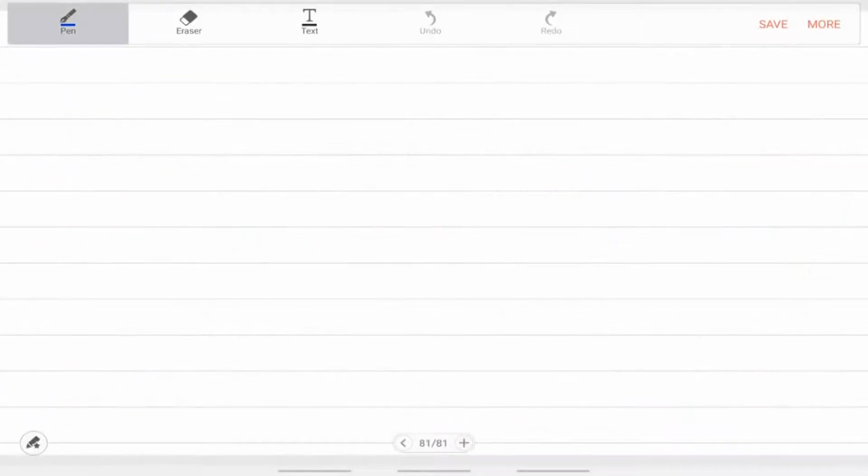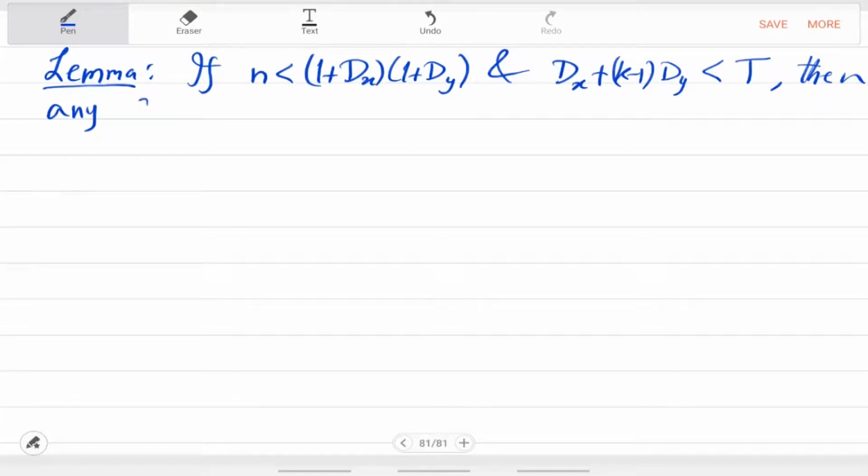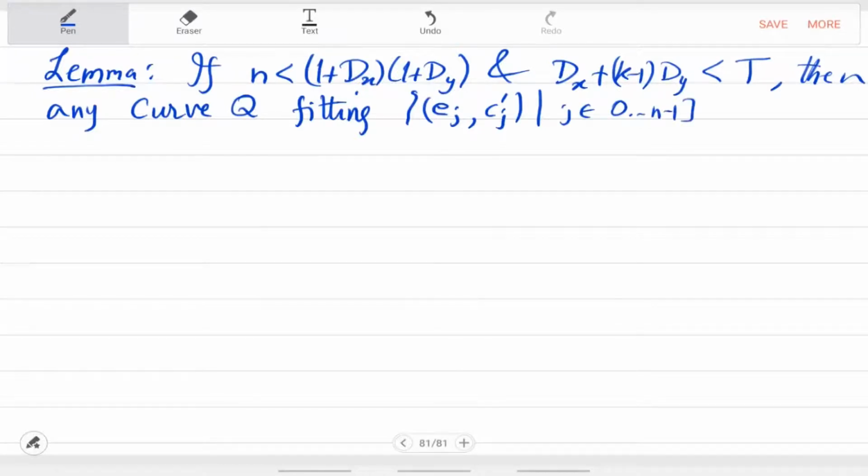So let us collect that in a lemma. If n is less than the product and the sum is less than t, so the product should be large and the sum should be small, if that happens, then any curve fitting the points that Bob got has y minus P(x) as a factor.